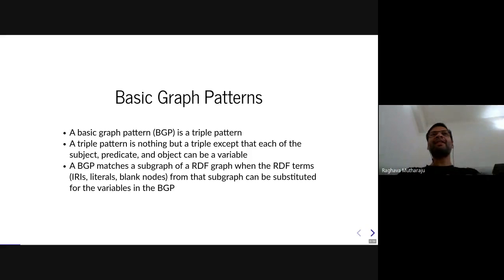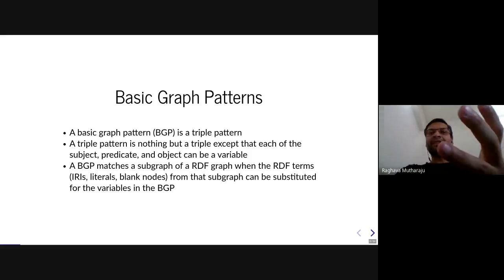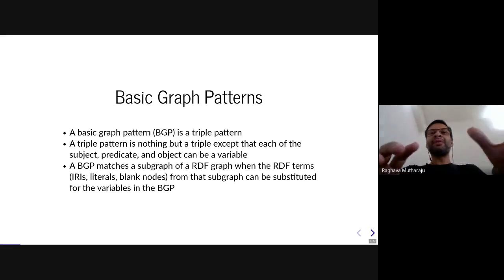For example, you can say: give me all the faculty members of IIIT Delhi. Take one example, Raghava works at IIIT Delhi. Now you are looking for all the members who work at IIIT. In this case, the predicate is fixed and the object is fixed, which is IIIT Delhi. The only variable here is the subject.